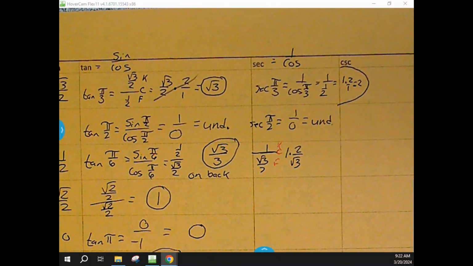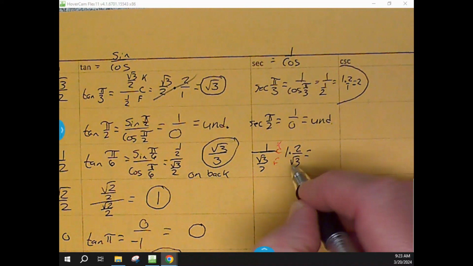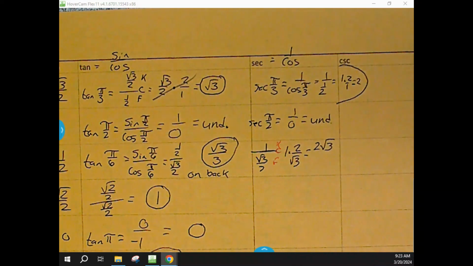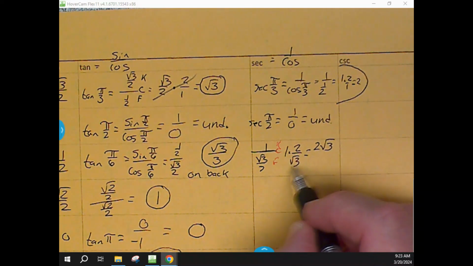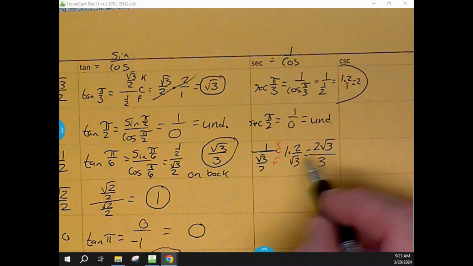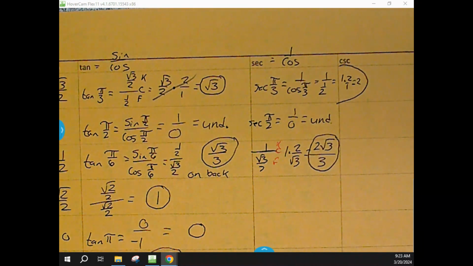The 1 times is not going to bother, so that's just 2 over square root of 3. That one you have to rationalize. So again, we're going to do our shortcut. We're going to move the square root of 3 from the bottom to the top. That 2 that was on the top stays there. On the bottom, we take the square root off and just leave the number. So that is 2 square root of 3 over 3. That doesn't simplify. So that would be your answer.